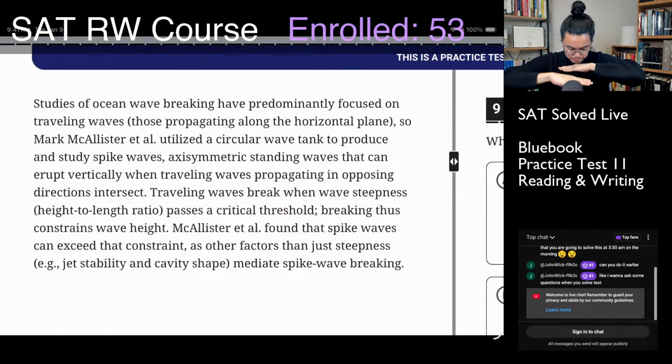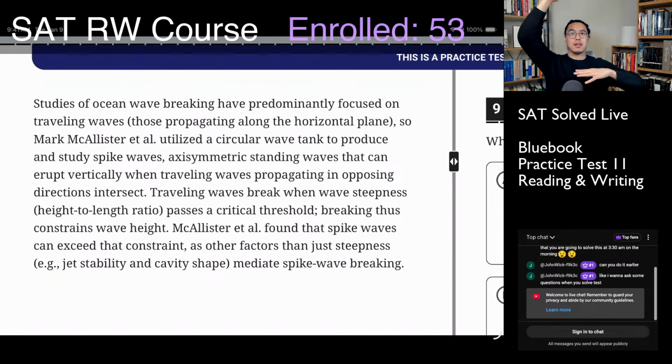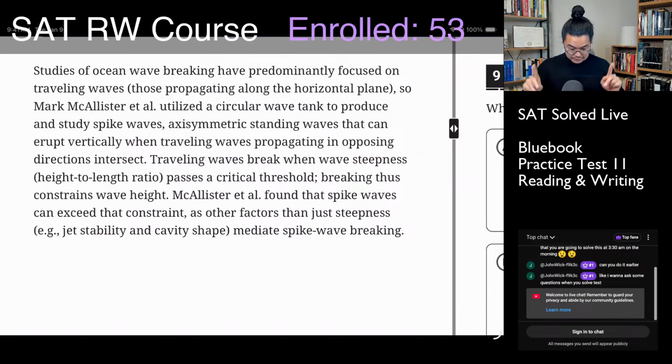Traveling waves break when wave steepness passes a certain height to length ratio. Yeah, you can't be too much of a spike. Breaking thus constrains wave height. Okay, that makes sense. But spike waves can exceed that constraint because it's not only about steepness.